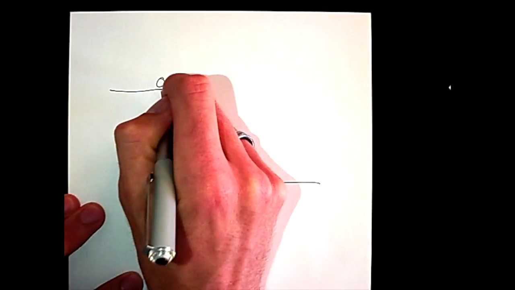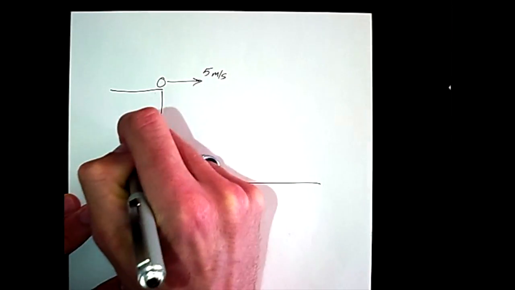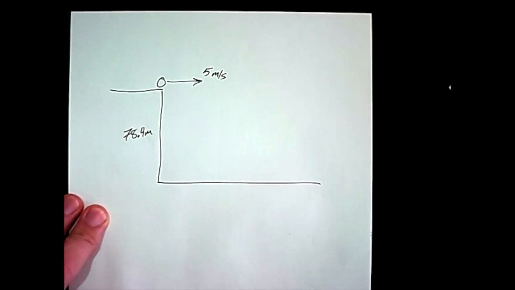In your homework, get out your homework. You have your homework number 1. Number 1 had a rock thrown horizontally at 5 meters per second off a cliff that was 78.4 meters high. There were 3 questions. I'd like to go through 2 of them with you today.